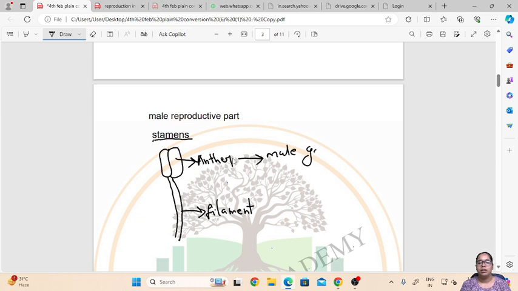The anther contains the male gamete, which is called the pollen grain.